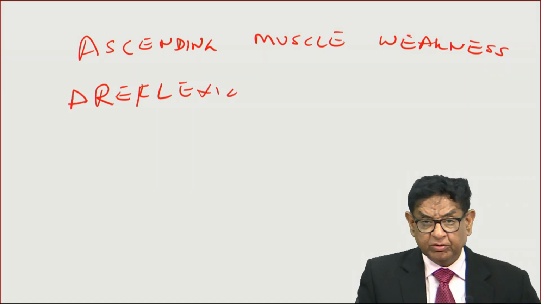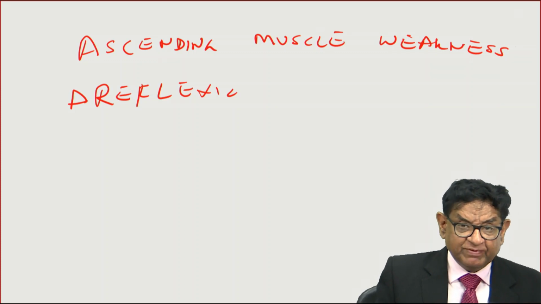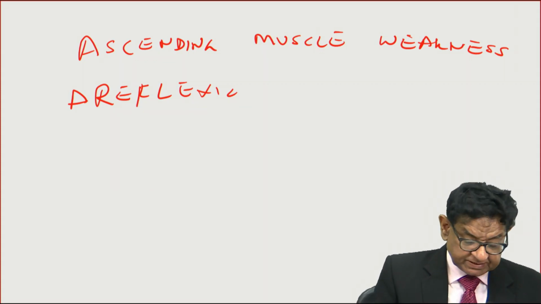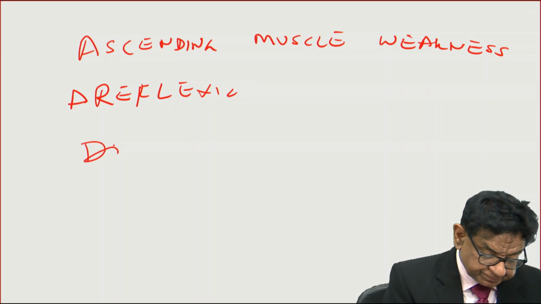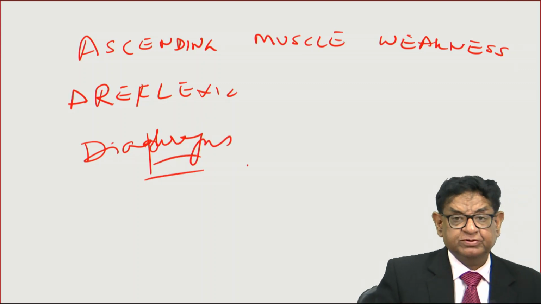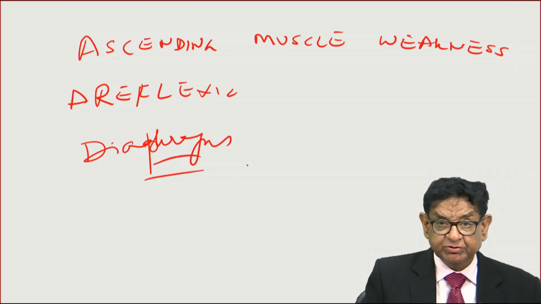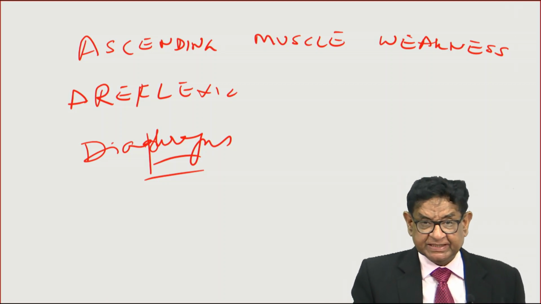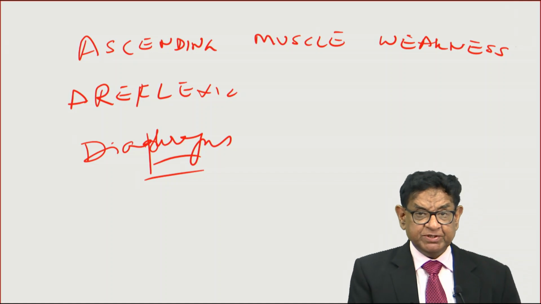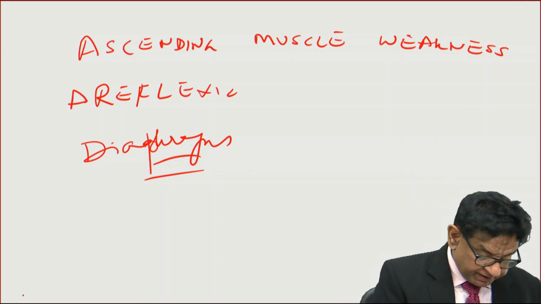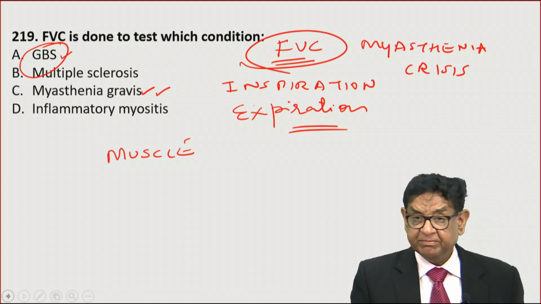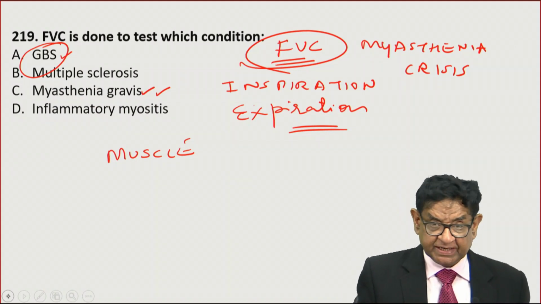In GBS, as it is an ascending type of paralysis, it may also involve the diaphragm, which can lead to muscle weakness and respiratory problems. The patient can have respiratory arrest also. We keep on monitoring FVC also in Guillain-Barré syndrome, but if needed, not in all cases. So that's why this can be used in two conditions, but it's definitely a much better indication in myasthenia gravis as contrasted to Guillain-Barré syndrome.